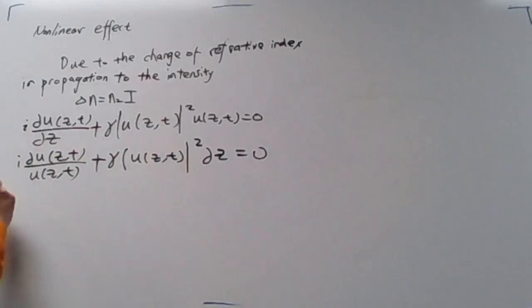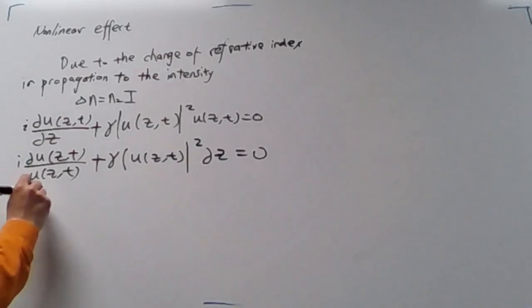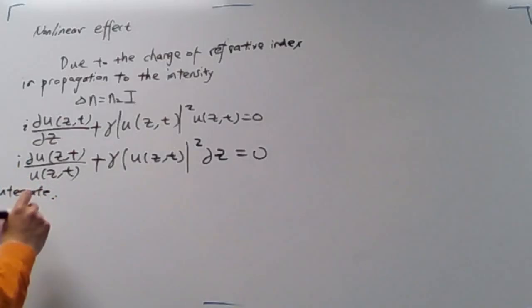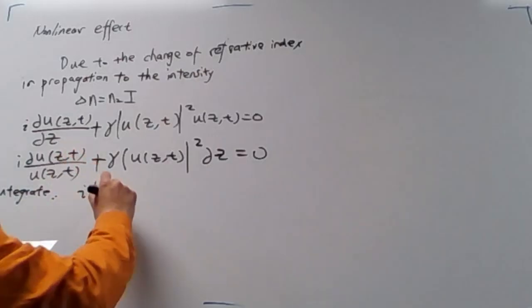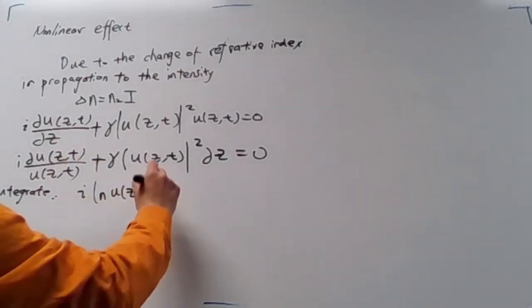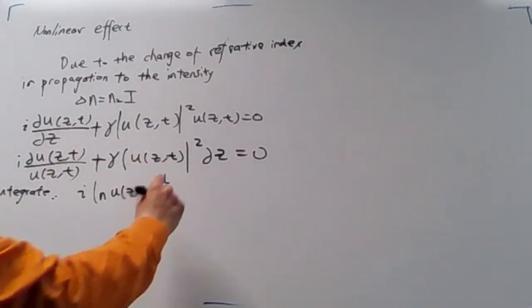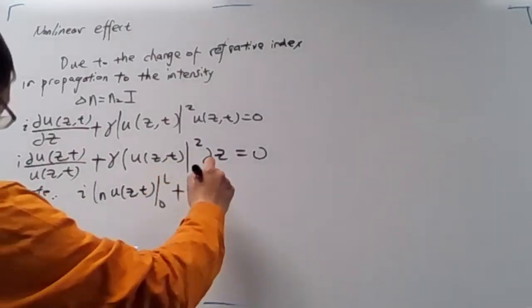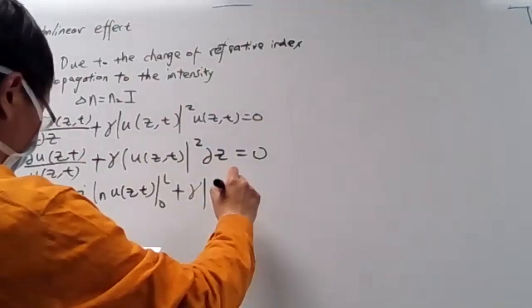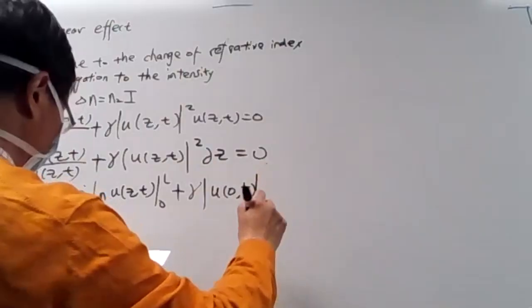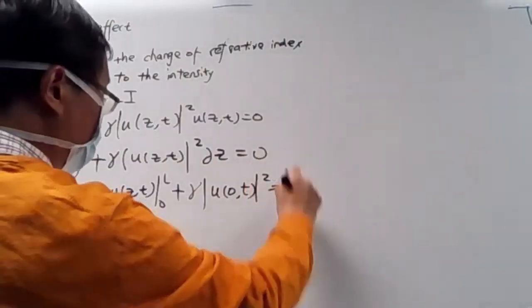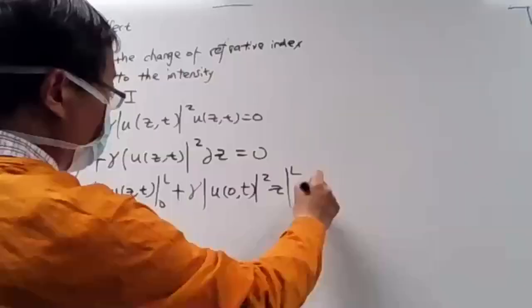So let's integrate. The integration of du over u is the natural log, so it's natural log u(z,t) from 0 to L, plus gamma absolute value squared of u(0,t), z from 0 to L, equals 0.